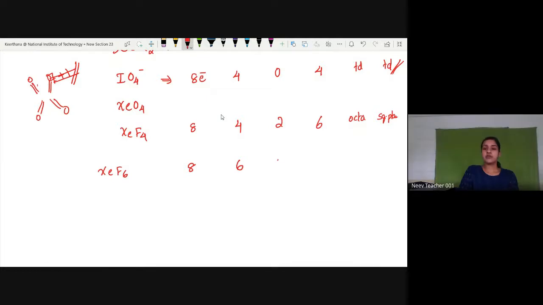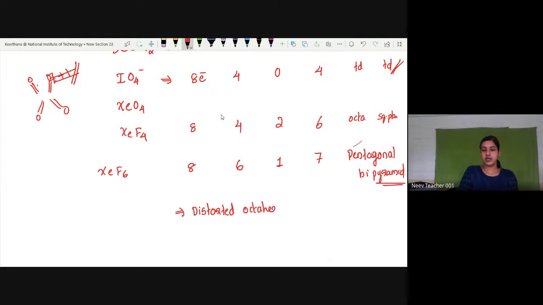Number of lone pairs will be 1, and the total electron pair will be 7, and the geometry will be pentagonal bipyramidal. Pentagonal bipyramid. And the shape is distorted octahedral.